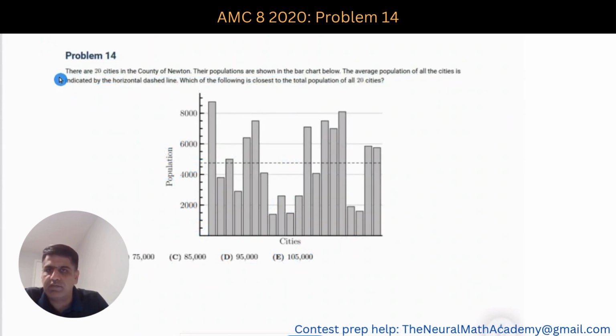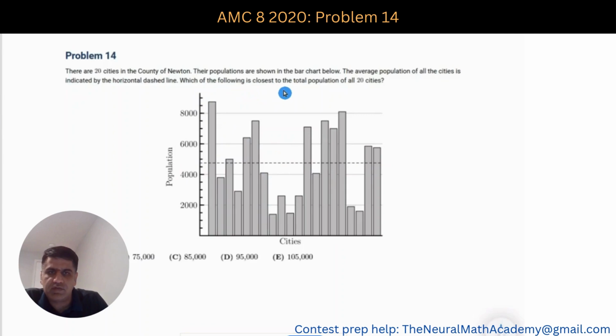Guys, let's solve problem 14 now, where we are given this bar graph, and that is about population of 20 cities, and we are also given cities here on the x-axis. So it says the average population of all the cities is indicated by the horizontal dashed line. So this dashed line represents the average.